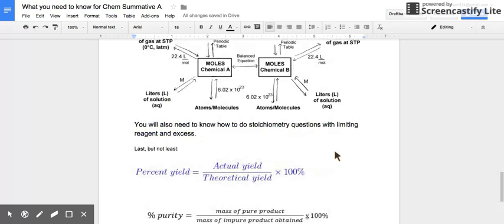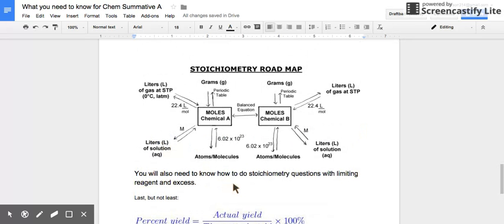Now, I know on Friday I taught you guys questions on doing limiting reagents as well as excess reagents. So you need to, again, know how to identify which one is a limiting reagent and which one is the excess.